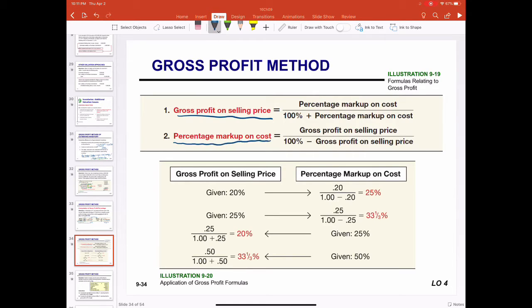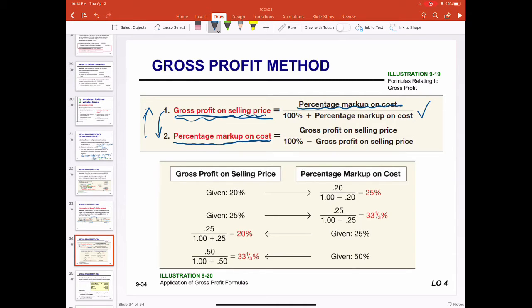Based on the given information, sometimes you're given the gross profit on the selling price or the percentage markup on cost. We can convert these two mutually. If we have the percentage markup on cost available, we put it into this formula and get the gross profit on selling price.